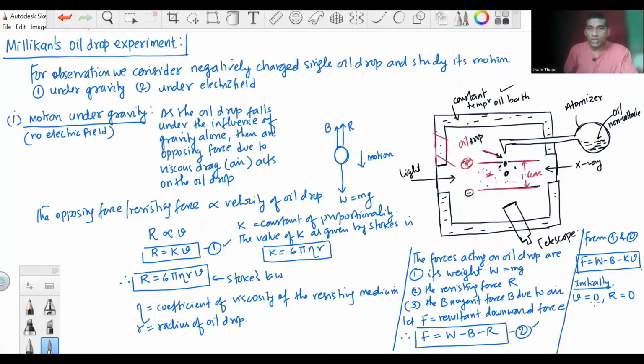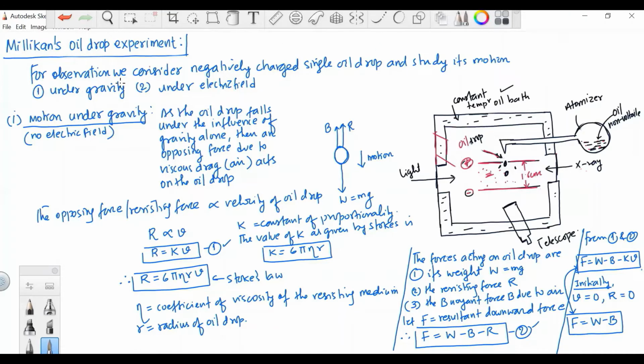So from this equation, the resultant downward force F equals W minus B. Let me erase this now.